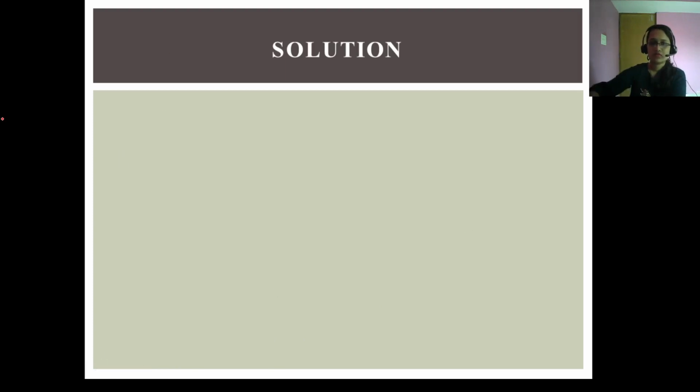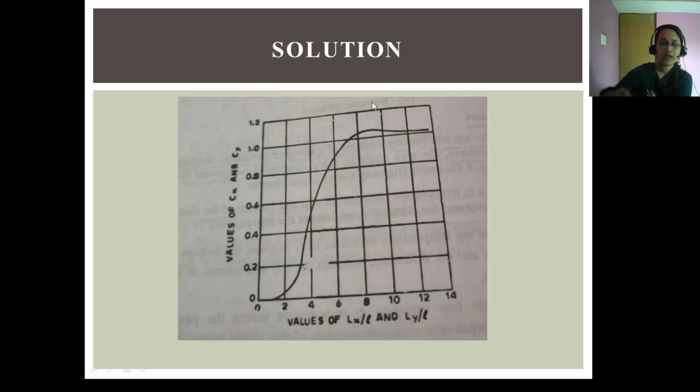Lx upon L: Lx is 450 and L is 60.8, so this value works out to be 7.4. So what will be your Cx? Let us see. Lx upon L is 7.4, around here, so this will be 1.02.